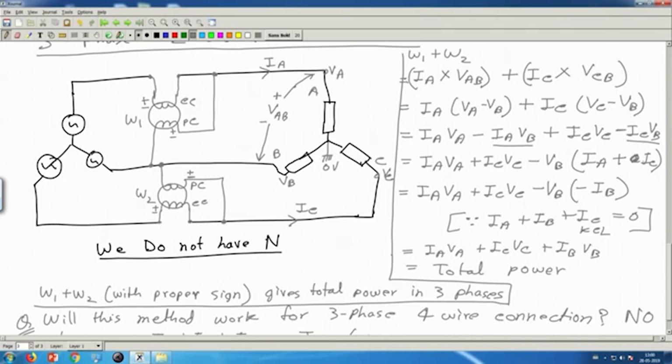How have I decided this plus minus sign? Summarizing again, I am taking here W1 to be IA times VA minus VB, and if I choose IA in this direction, from left to right, then I should have plus minus here and for VA minus VB. So I should have plus minus on the VA side, the positive side, and nothing on the other side.